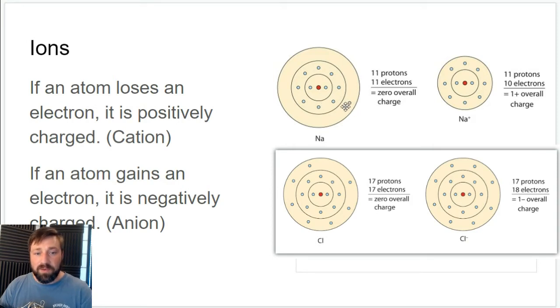If you have one extra out here, the distance between this electron and the amount of protons in here are going to be a little bit off balance, aren't they? We're not going to have a super strong magnet, and it's going to be far away. So there's not a whole lot of force on this one little electron, and it's going to be really easy for it to fall away, get stolen, things like that.